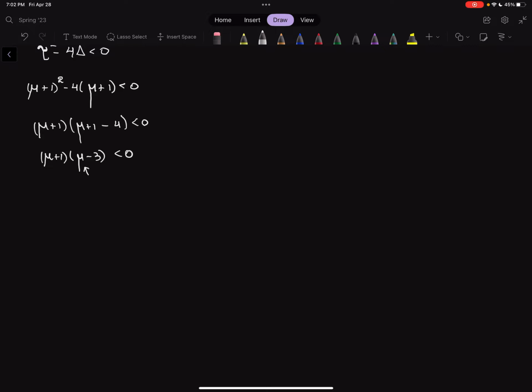Anything more negative than negative 3, that's going to happen. But what about negative 2? Well, if I have negative 2 here, then this is going to be negative, and this is also going to be negative. So that's not good. What about negative 1? Well, here we're going to get negative 4. And here we're going to get 0, so no, we don't want that.